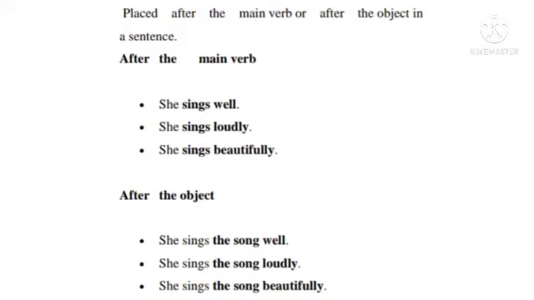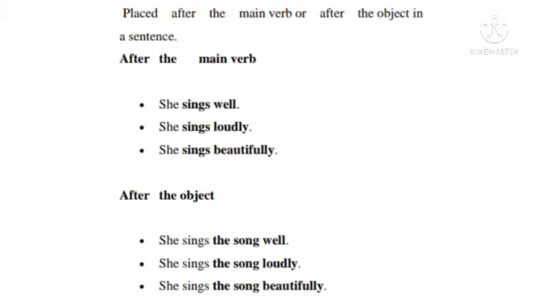Let's look at an example. She sings the song well. Here we use the adverb of manner well at the end of the sentence. Another example: she sings the song loudly. The adverb is loudly and it is used at the end of the sentence.